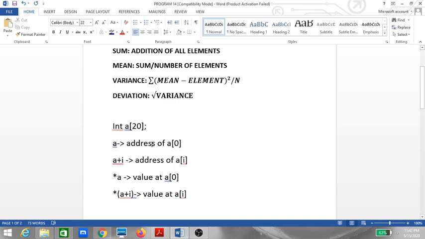Just a is giving me the address, and star of that will give me the value at this address, so the value of a[0]. And star of a plus i: a plus i is the address of a[i], and to that if I add a star, then I'll get the value at a[i]. So I hope this brief is understood.